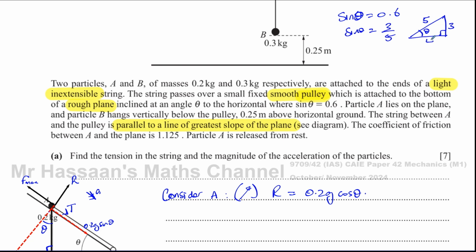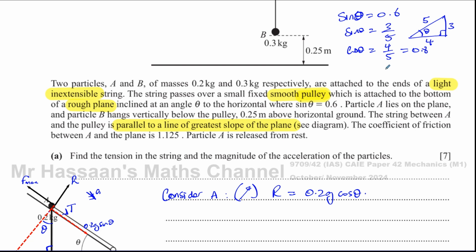So this is going to be 4 here, because by Pythagoras, if the hypotenuse is 5 and one shorter side is 3, the other shorter side is going to be 4. So cosine theta is adjacent over hypotenuse, which is 4/5. Okay, so this is going to be 0.8.